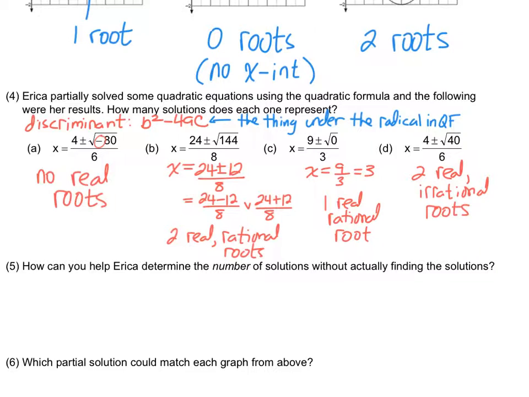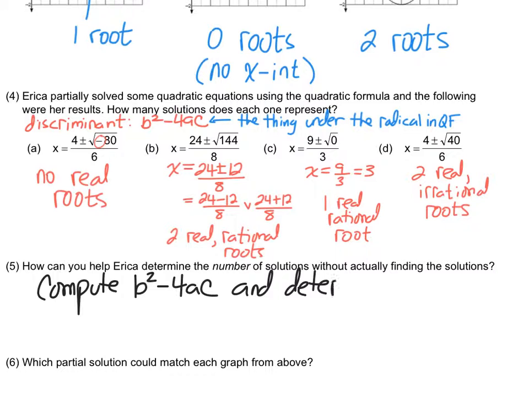All right, well, let's kind of beat that to death a little bit. Find the discriminant. Compute b squared minus 4ac and determine which of our four possibilities we have, right?